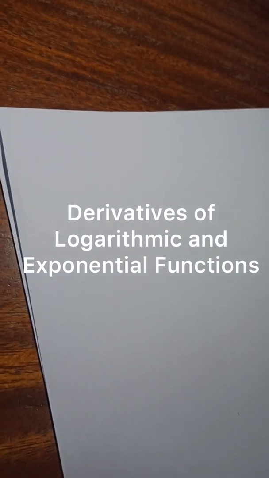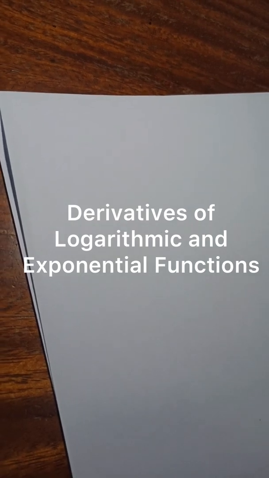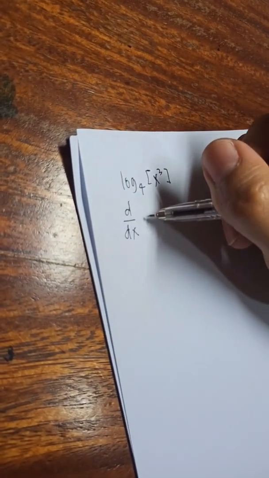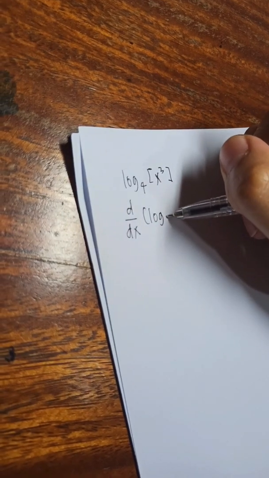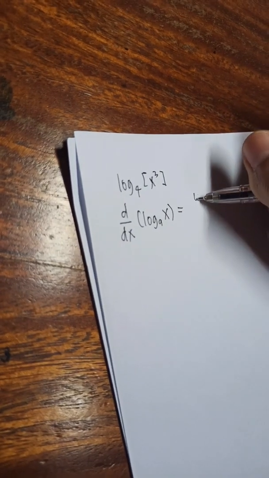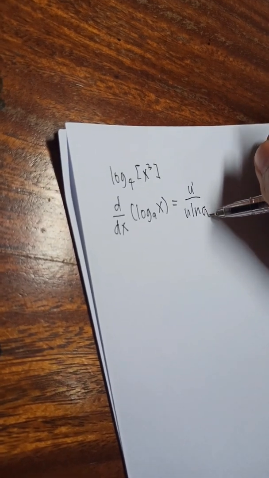So in this topic, we will be solving the derivatives of logarithm and exponential functions. Say we have, for example, log base 4 of x cubed. To solve this, we will use the formula d over dx log base a of u equals u prime over u ln a.